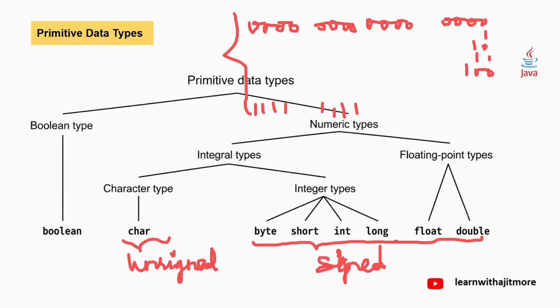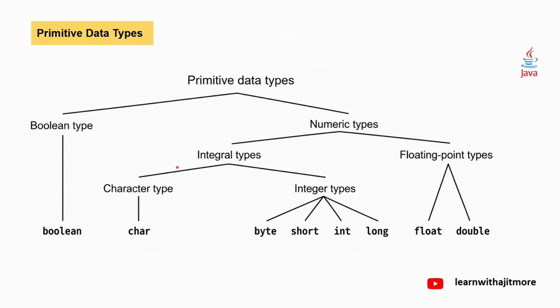Whereas if you say signed, then in that capacity half are positive and half are negative. If its capacity is 16, obviously 8 will be negative and 8 positive, because they are signed. So remember that.